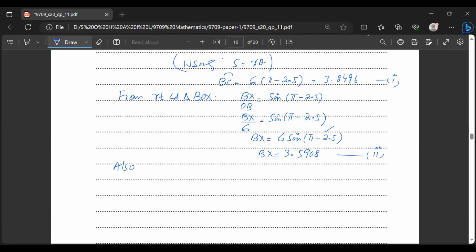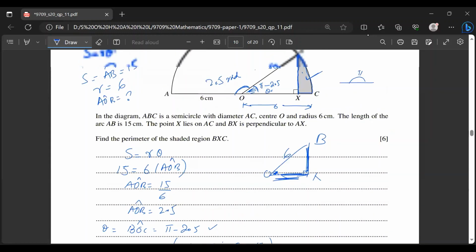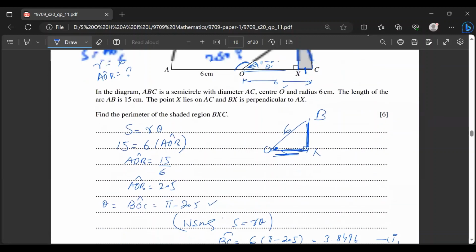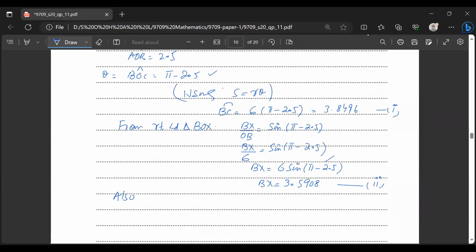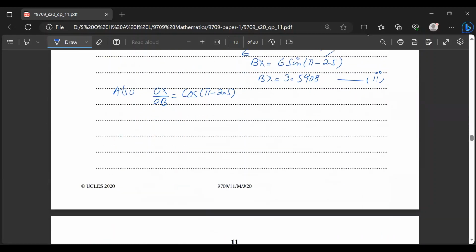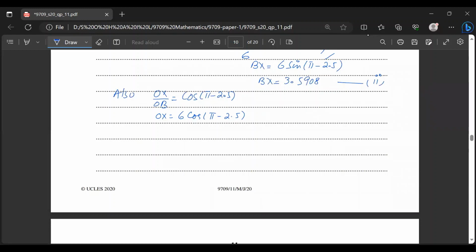Also from the same triangle, find OX, because this length can then be obtained by subtracting OX from the total 6, which is OC. OX over OB is cos of pi minus 2.5. OB is 6, so cross multiplying, OX is 6 cos of pi minus 2.5.